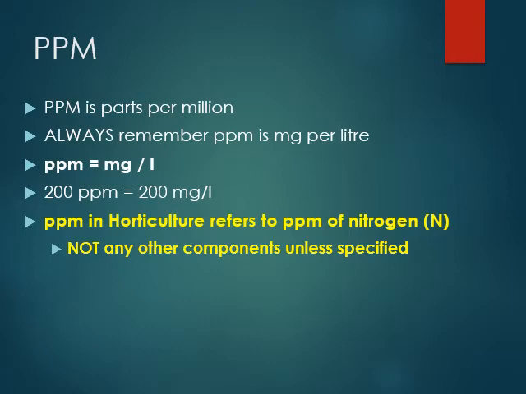Because fertilizer is a mixture of chemicals. So the industry standard is when they give ppm instructions, they're referring specifically to nitrogen, which is the first number in your fertilizer bag. The rest just follows. So they're always referring to nitrogen. Some growing instructions will actually say 50 ppm nitrogen.